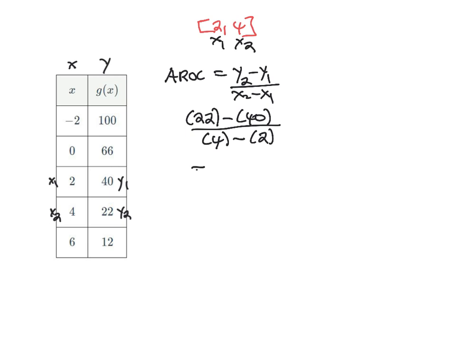When we simplify that, we get negative 18 divided by 2, and that gives us negative 9. So the average rate of change over this interval is negative 9.